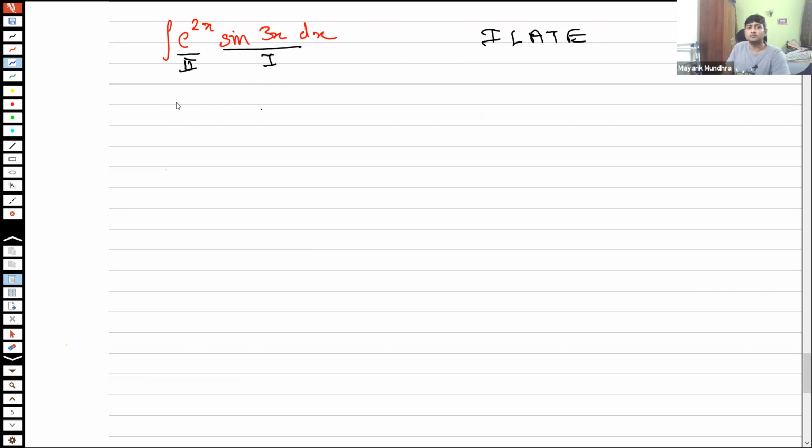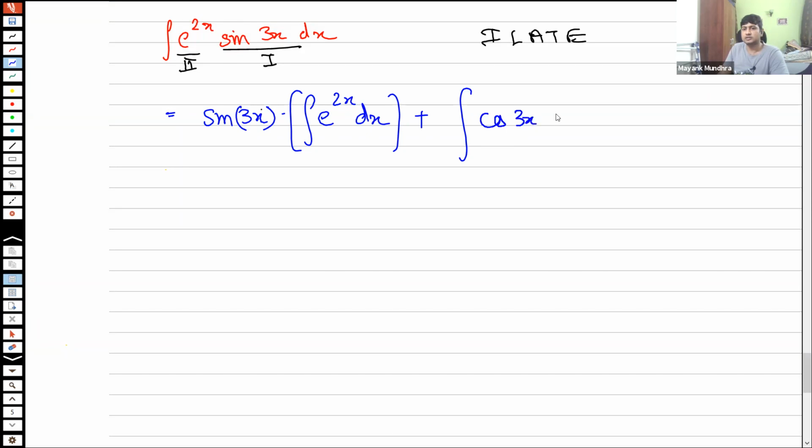So first function, which is sine 3x, into integral of second, so integral of e to power 2x dx. Minus, sorry, plus integral of differentiation of first function. So that's 3 cos 3x. Differentiation of sine 3x is 3 cos 3x. Okay, so integration of differentiation of first function into integral of second.